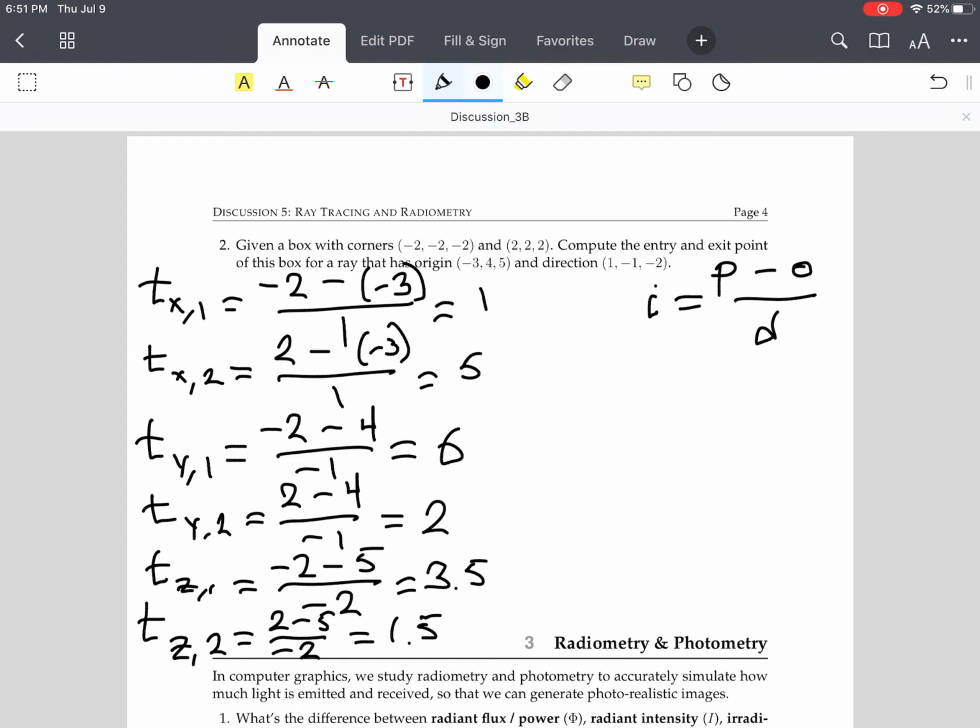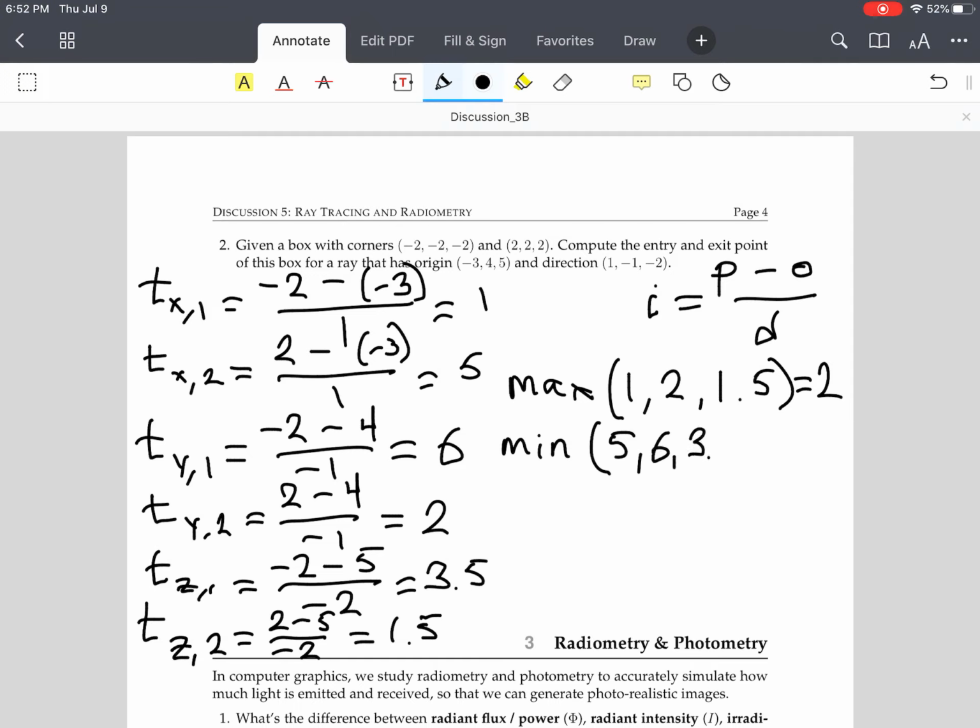So it's going to be the max of 1, that's the minimum x value, 2, and 1.5, which is 2, and it's going to be the min of 5, 6, and 3.5, which is 3.5.